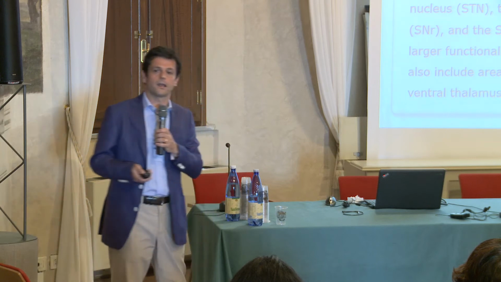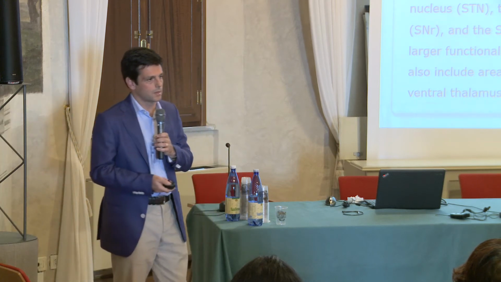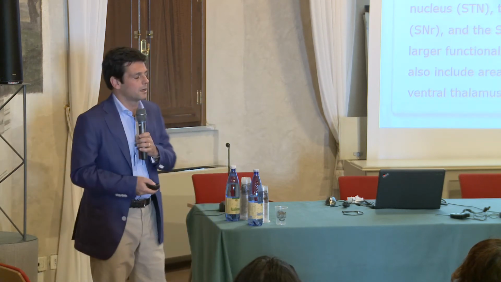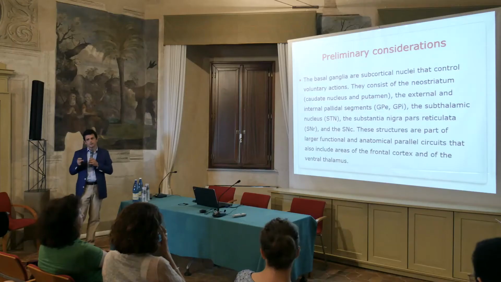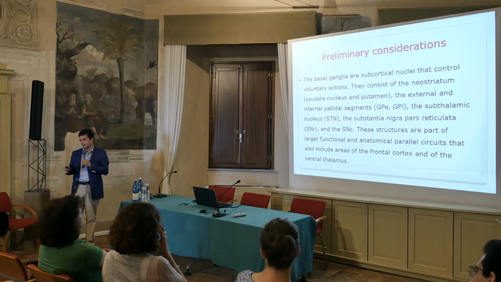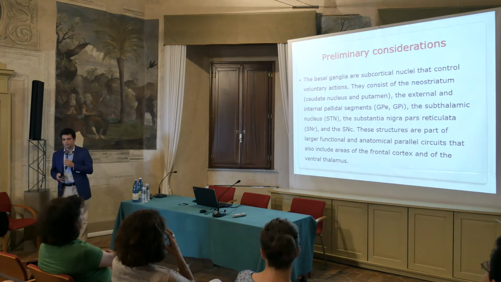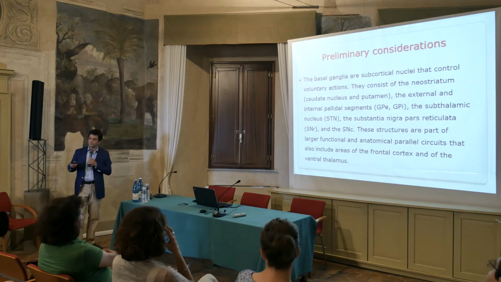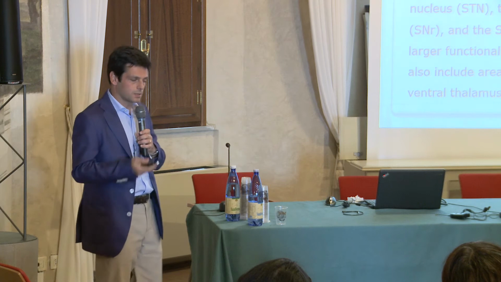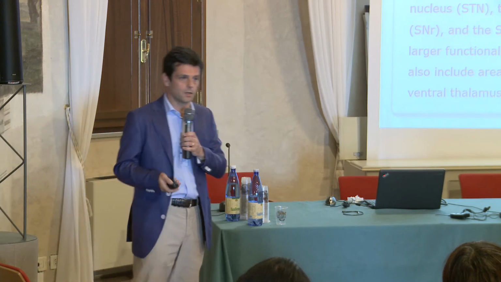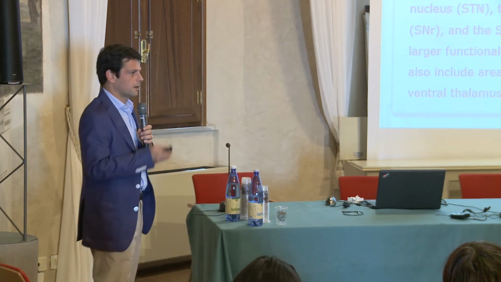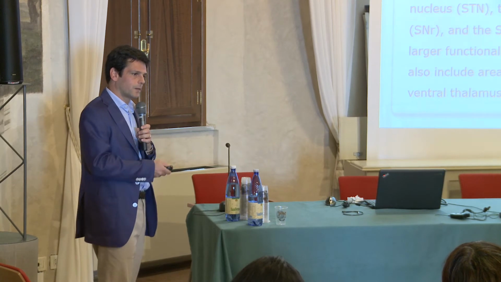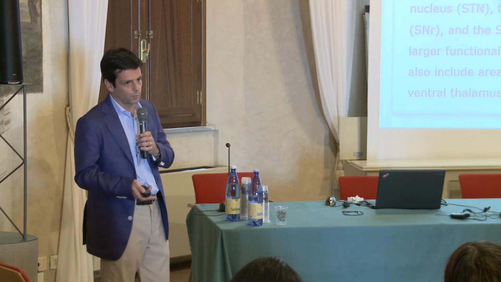So the basal ganglia, as you all know, are subcortical nuclei. They are a number, of course, of nuclei tightly interconnected. We have a main input structure, which is the striatum. In the human, it's divided into the caudate and the putamen.